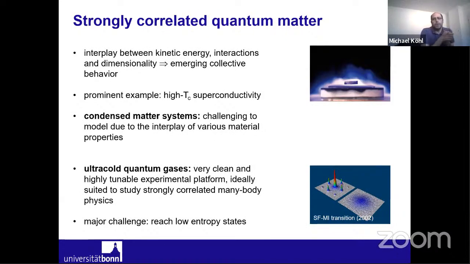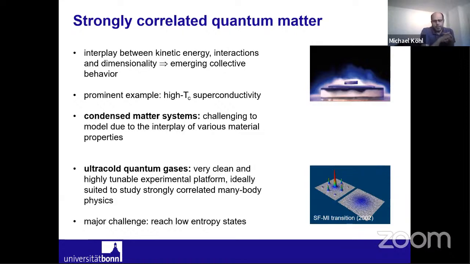And for almost 20 years now, ultracold gases have provided us with a tool to do this very accurately, namely to create very clean and very tunable experimental platforms, for example, using these ultracold atoms in so-called optical lattices, and to study correlated many-body effects. And probably the first example in this direction was the observation of the superfluid to Mott insulator transition in ultracold Bose gases in 2002.